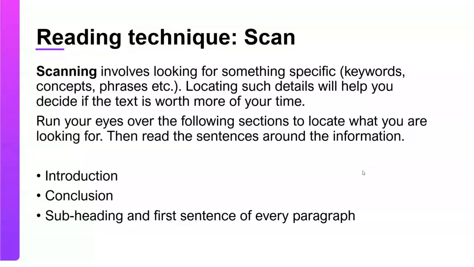This is going to give you a really good idea of what they're talking about. An intro and a conclusion are always going to be good summaries for what it's about. And then the subheading and the first sentence of every paragraph tell you what the paragraph is about, right? It's going to link to that thesis statement. It's going to give you a rough overview, a pretty good overview actually, of the entire article.